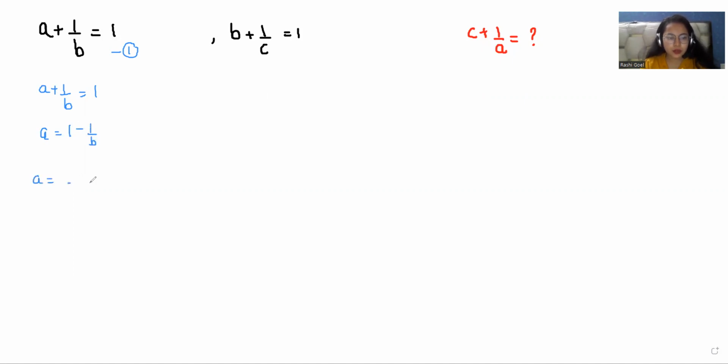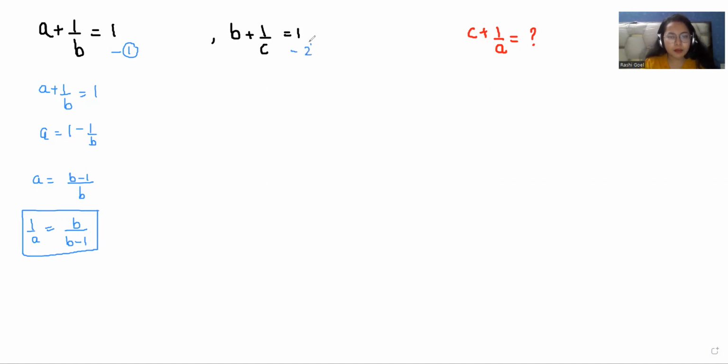So a is equal to (b minus 1) over b. But I need the value of 1 over a. So 1 over a is equal to the reciprocal of this, b over b minus 1. So the value of 1 over a is b over b minus 1.